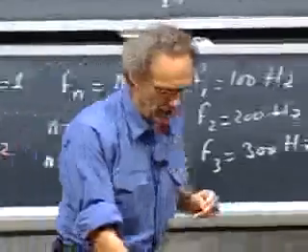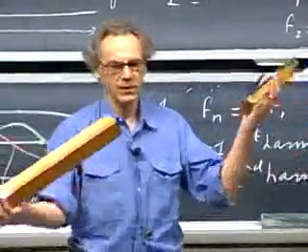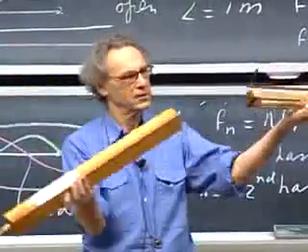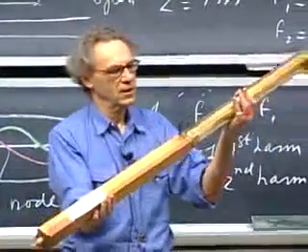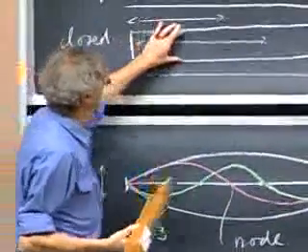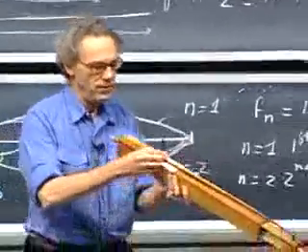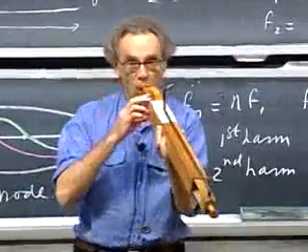I have another example here of an instrument which is open here, and here it is closed. This is my version of a trombone. There's a piston here. So this is a system that is like this, but I can move this in and out. And so when I have it far in, the frequency would be high.